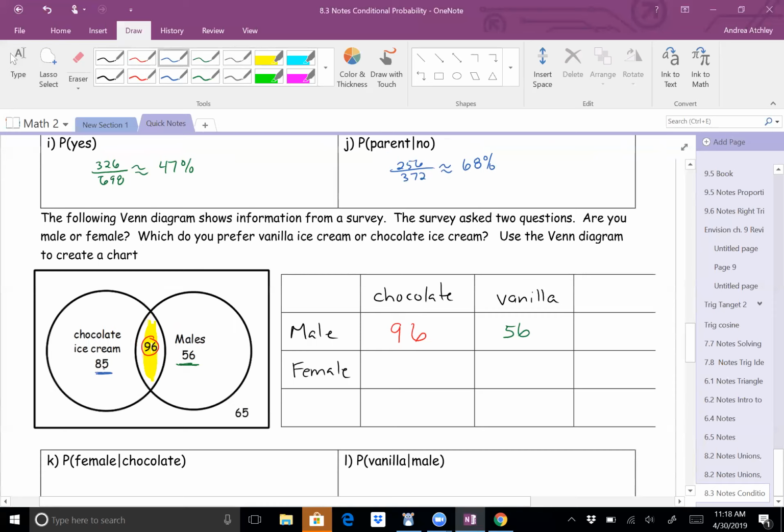They are not male, so these are female chocolate. This is vanilla.